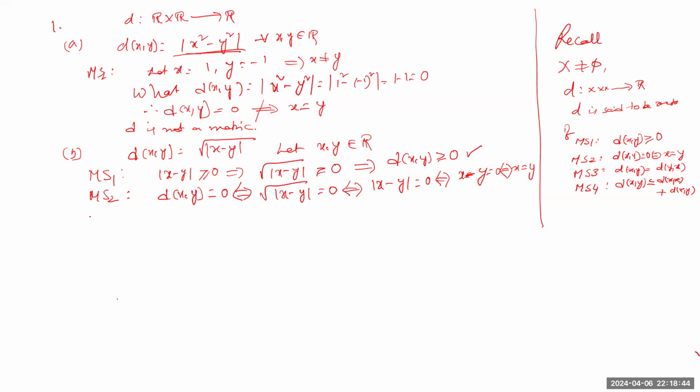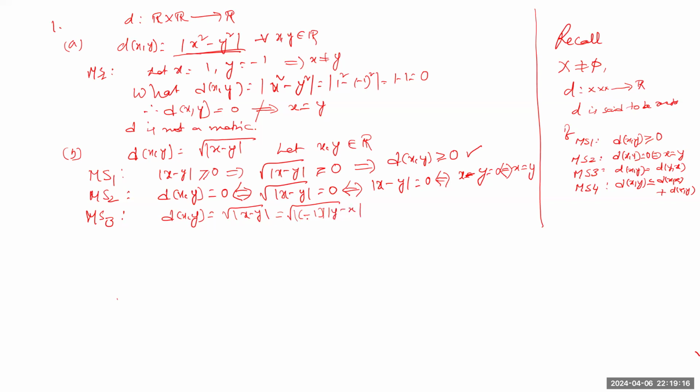So what about MS3? That is the symmetric property. The distance d(x, y) equals the square root of the modulus of x minus y, which equals the square root of minus 1 times the modulus of y minus x.